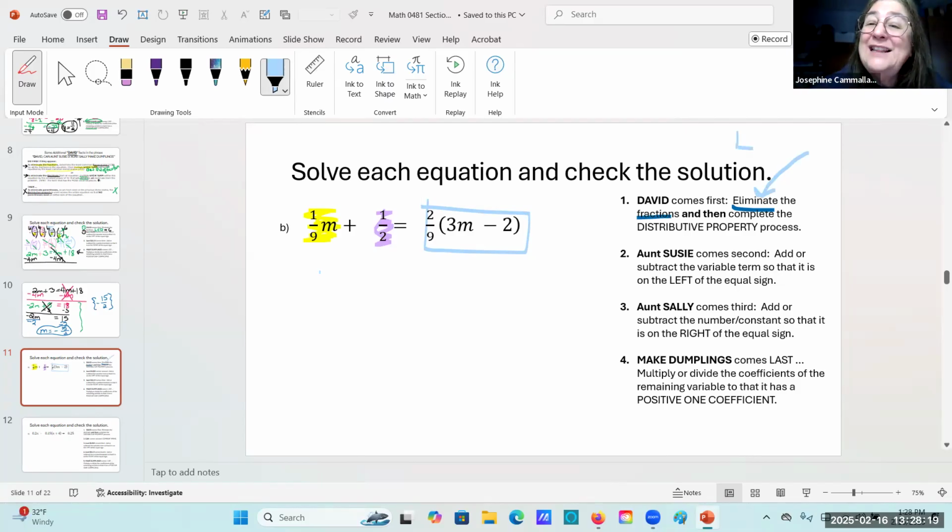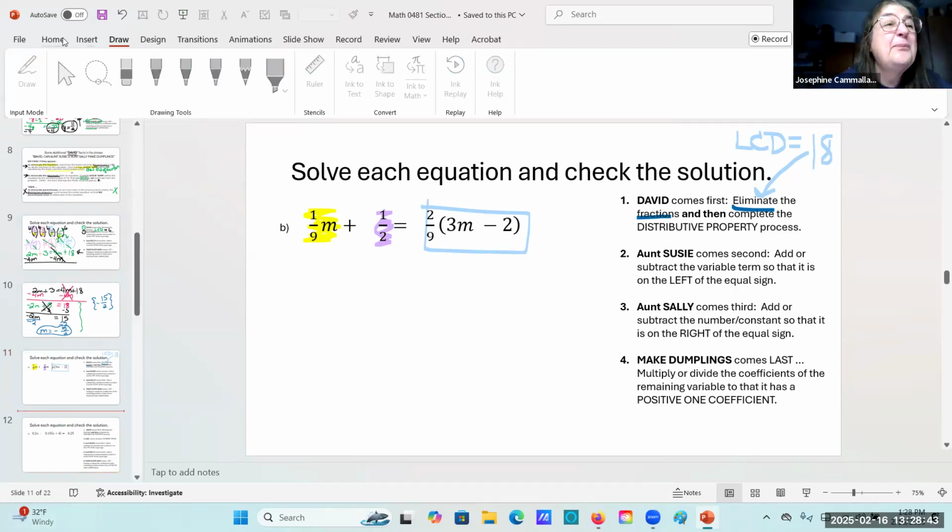Well, my LCD for 9, 2, and 9. Now notice I'm not looking at the parentheses because that blue box is a term. The fraction is in front of the term. And that means I'm going to have 18 right there.